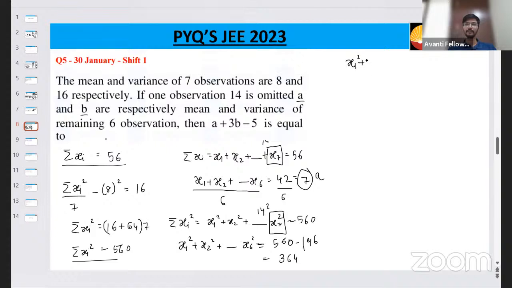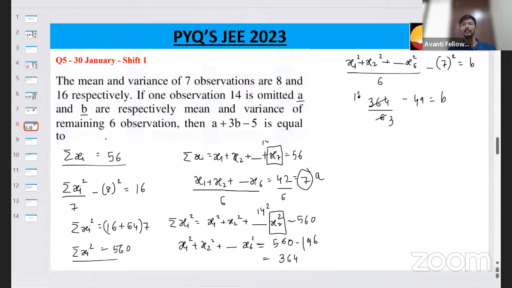x1 square plus x2 square plus up to x6 square upon 6, minus 7 whose square is given as B. This is 364 upon 6 minus 49 is equal to B. I think B is in fraction, right? Can cancel out 2 if we want.